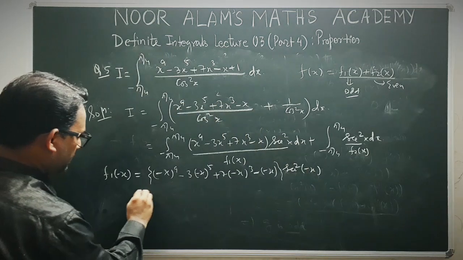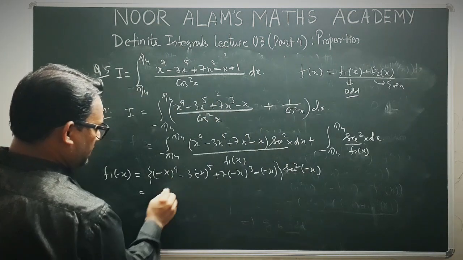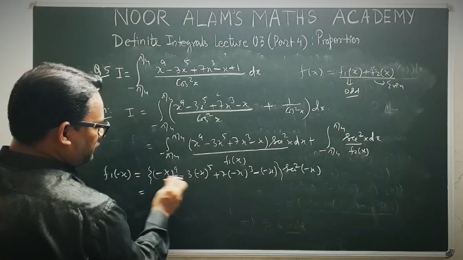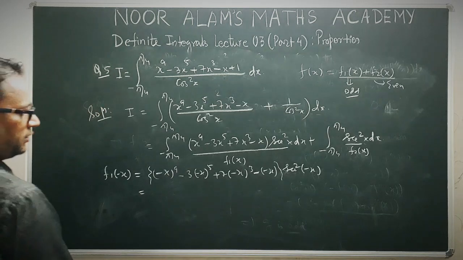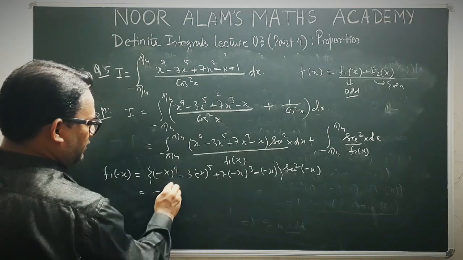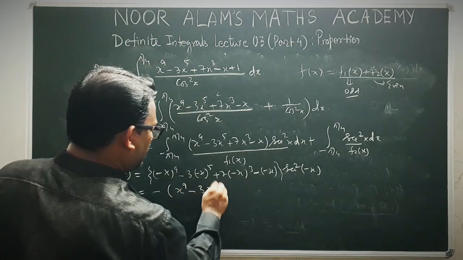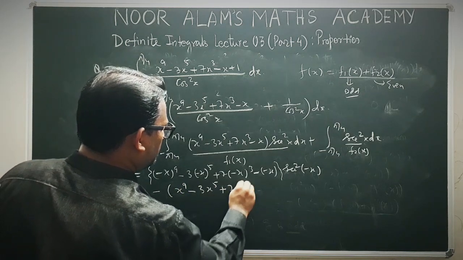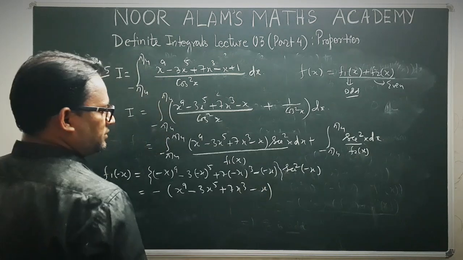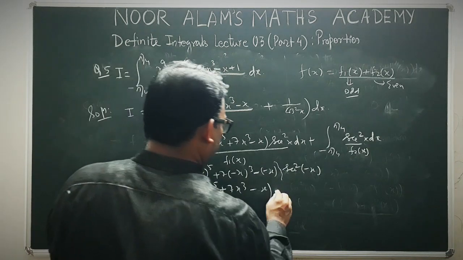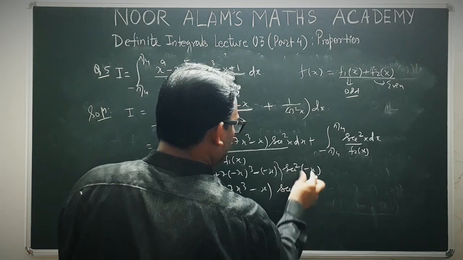So ultimately we have x power 9 becoming minus x power 9. From here, if you want, you can take the negative sign outside. So it will be x power 9 only, 3x power 5, 7x cube, minus x. I am taking minus outside, and sec square of minus x will be positive due to the square.